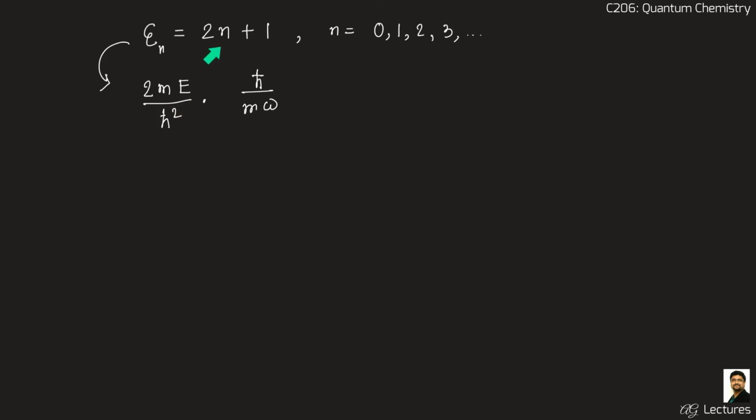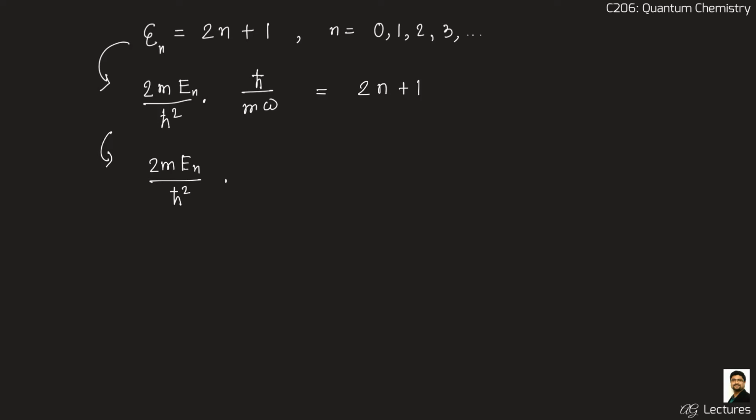indexed by n. And therefore, I'm now indexing the E also by the same index n, and I write it down like epsilon n. So this is equal to 2n plus 1, which we have already seen, and I can rewrite this again as 2mEn over h cross square.